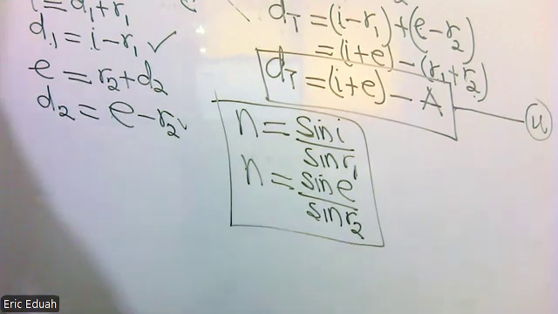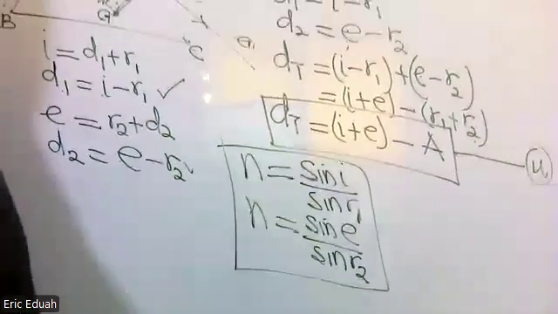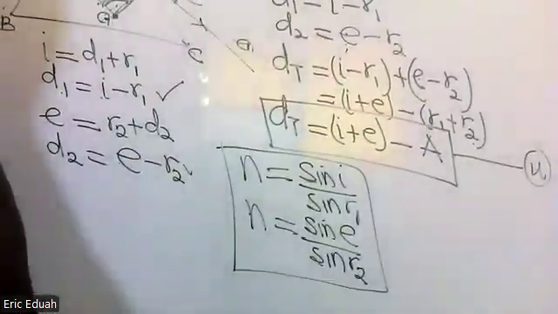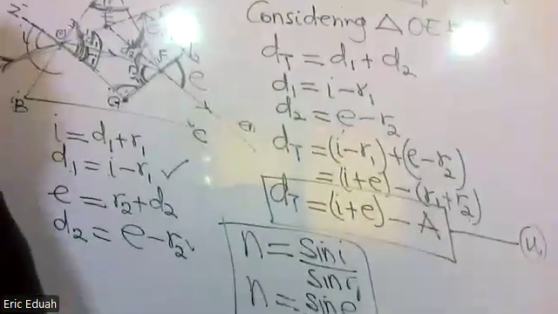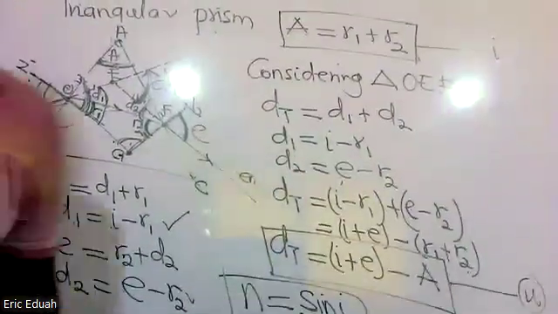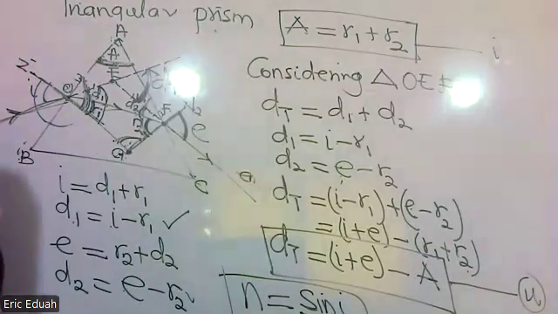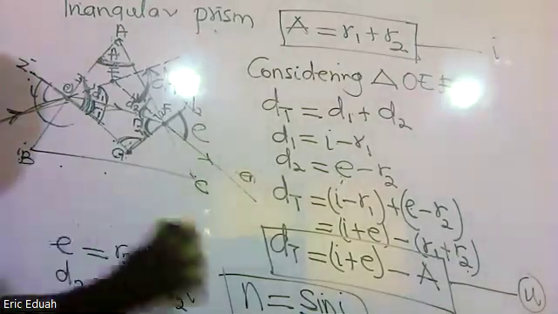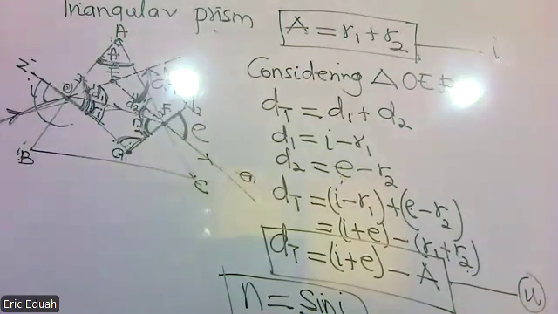Now, supposing the angle of incidence is 0. Supposing I is 0. I earlier explained that if the angle of incidence is 0, then the ray will be perpendicular to the plane AB. So in illustration, this is the normal.